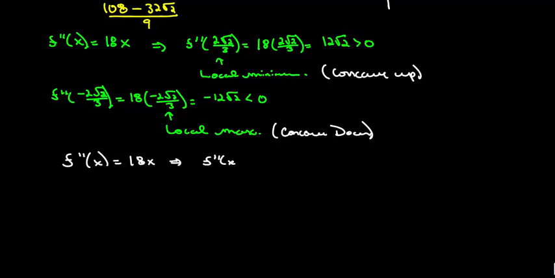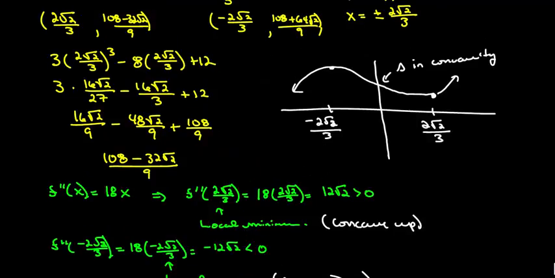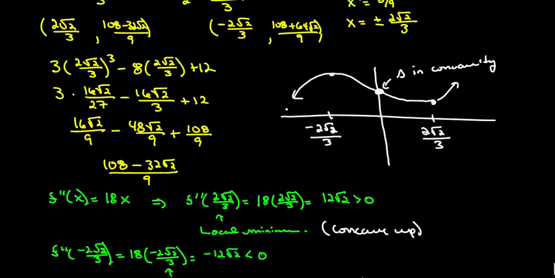So f double prime of x equals 0 leads to a change in concavity, or at least it's a possibility for a change in concavity. So that is when x is equal to 0. So 18x equals 0, so x is equal to 0. So at 0, right here, we've got a change from going concave down to concave up.